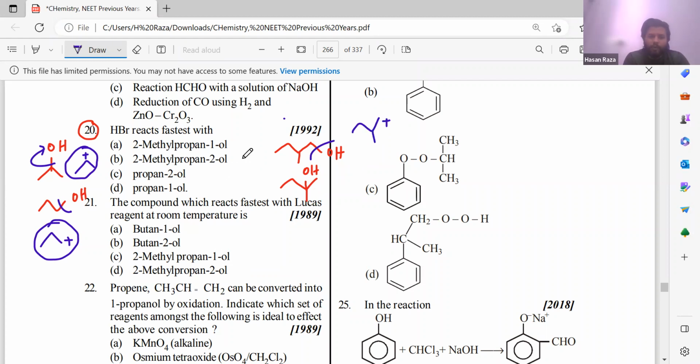But if you remove OH from the second option, you will get tertiary carbocation, and you know that tertiary carbocation is more stable than secondary and primary. So the fastest will go with B, 2-methyl propan-2-ol. You remove OH and put positive charge on carbon. As you can see, this is your tertiary. That's why. Are you getting my point?